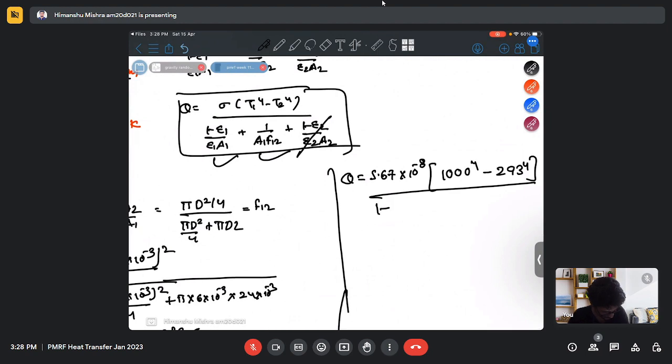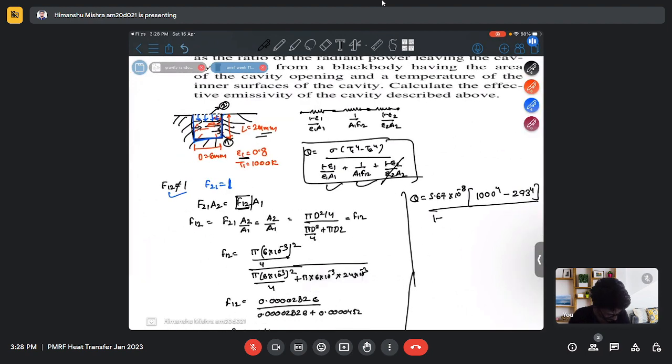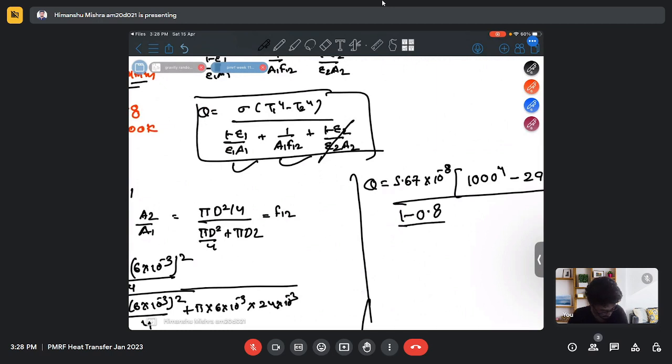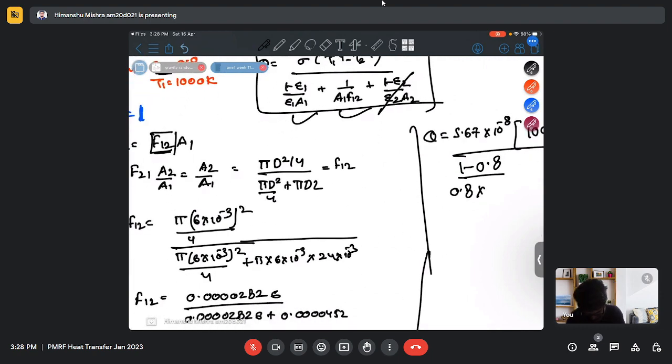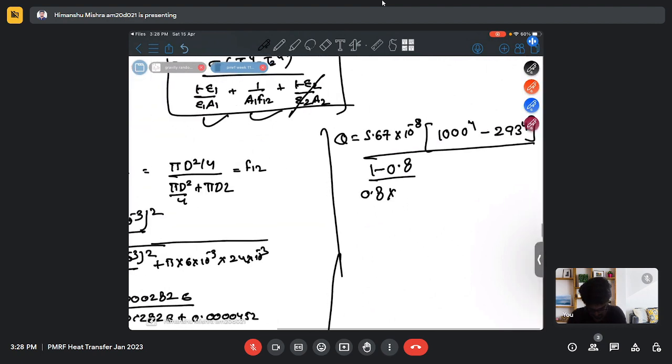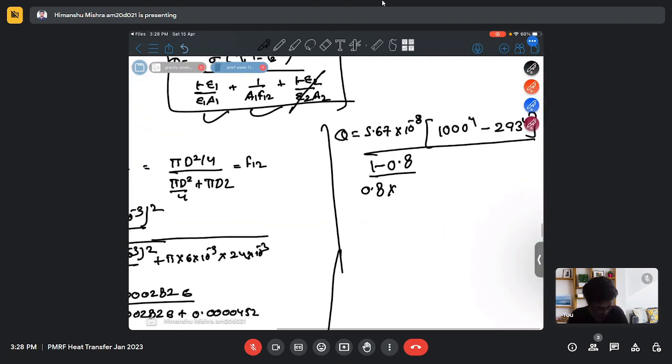So my emissivity of the surface is 0.8, and my area is 4.8 times 10 to the power minus 4 plus 2.8 times 10 to the power minus 5, plus 0 because this term will be 0.